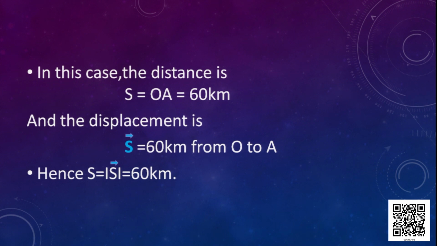What is the direction? The direction is from O to A. O is the initial position, A is the final position of the object, so the direction is from initial position to final position. Hence the magnitude of displacement is equal to 60 kilometers. In this case, distance is equal to displacement.